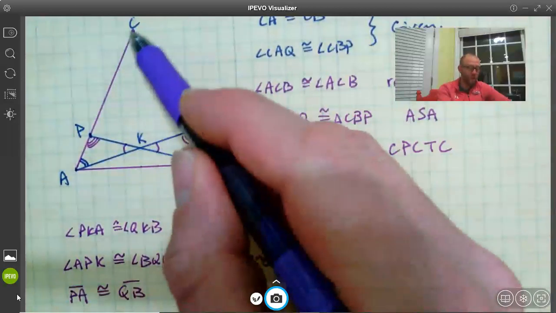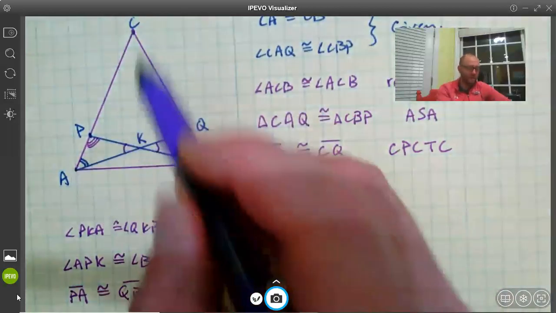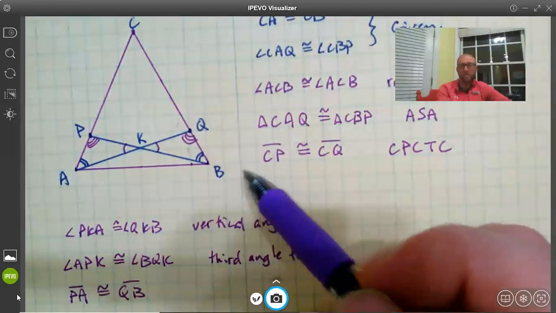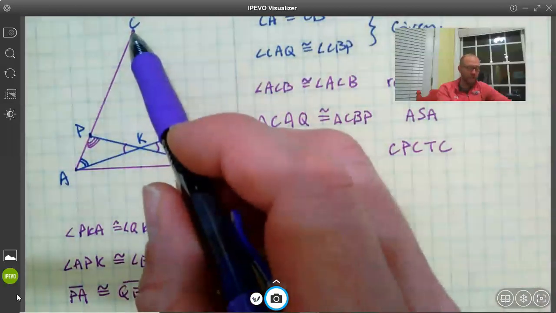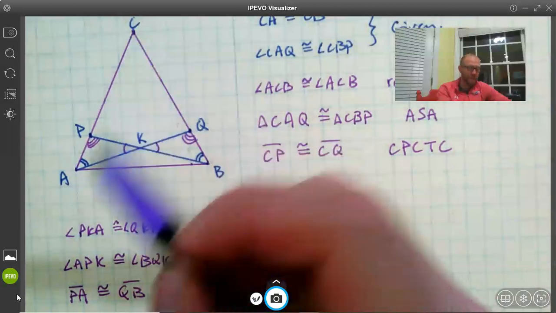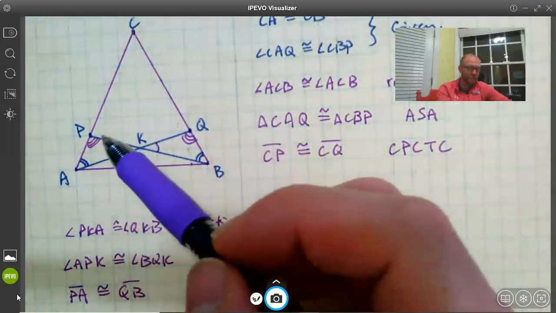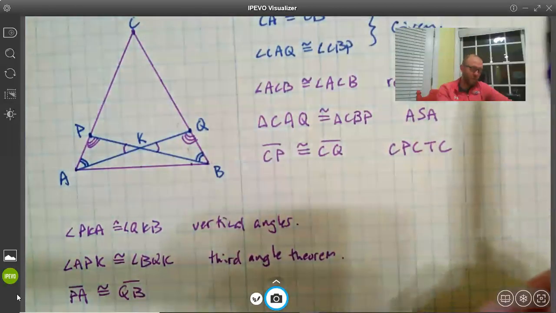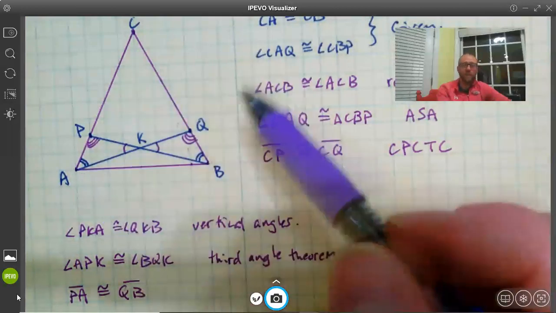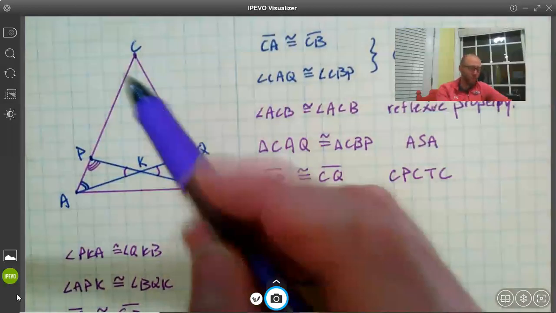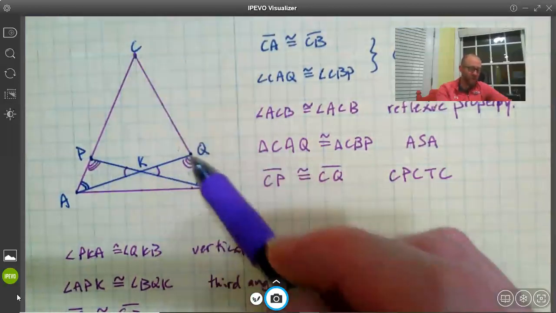But basically we already know that CA is congruent to CB. So those are the same distance. If I travel from C to B, it's the same distance as if I travel from C to CA. And we proved in a previous proof that CP to CQ is the same.